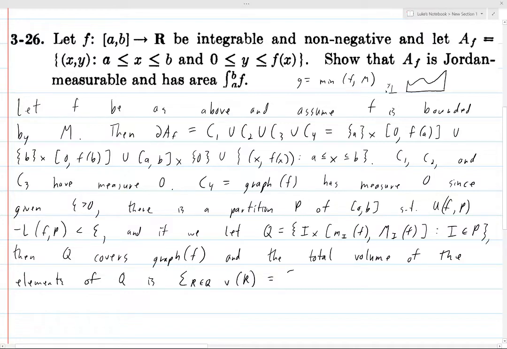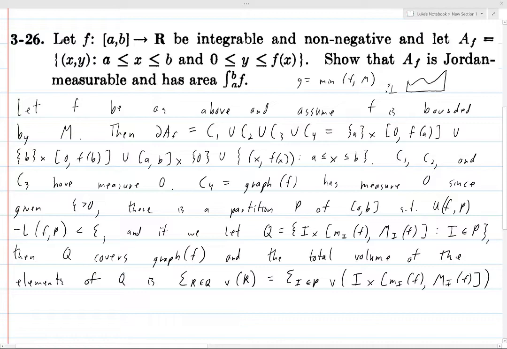So it's going to be the sum over all I in P of the volume of I cross [m_I(f), M_I(f)].